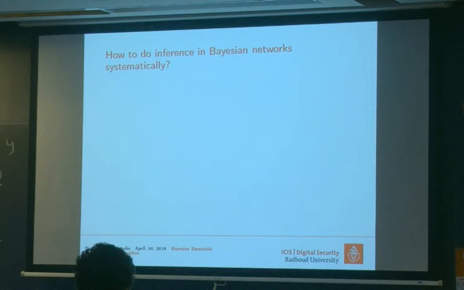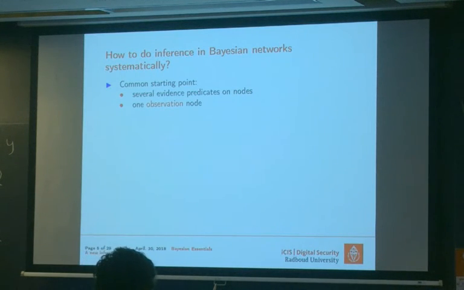How do you reason systematically, especially about bigger networks? Bigger networks within the order of 30 or 50 nodes, which contain lots of information, let's say about medical diagnosis, where you have many symptoms and many tests, and they may interact in various ways. Then it becomes interesting. The common starting point for inferences, you have several points of evidence. I have such a test, I see these symptoms on my patient.